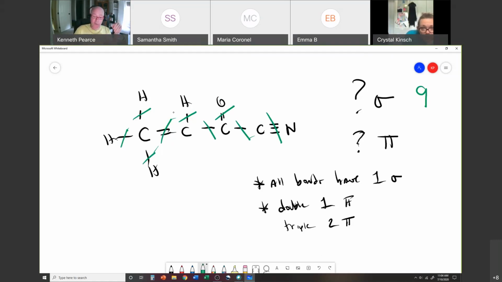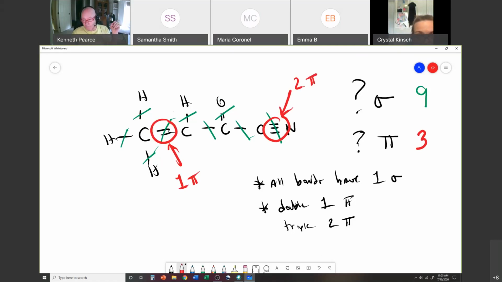Now I go back through and mark off the pi's in the double bonds and triple bonds. So here is a double, that's 1. Here's a triple, that's 2. 1 and 2 makes 3. So that has 1 pi, that has 2 pi's. 1 plus 2 is 3.